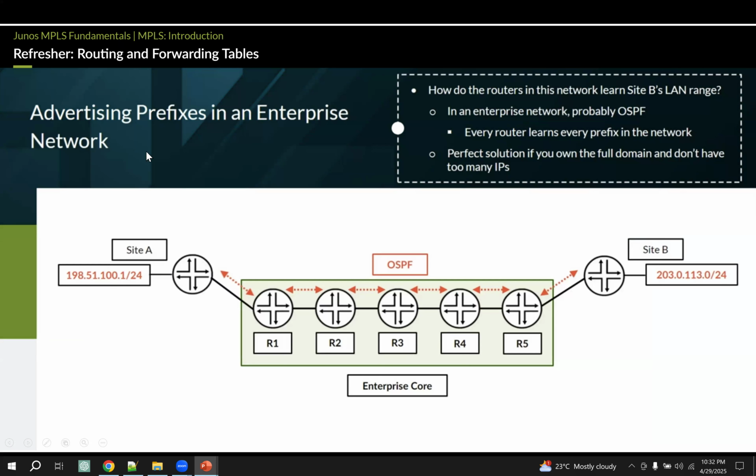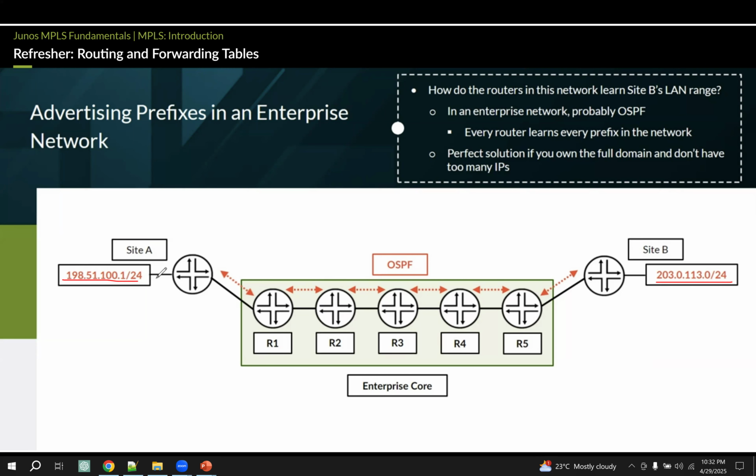Advertising prefixes in an enterprise network. How do you advertise your prefixes? See here, this is site A and this is site B. This is the source prefix, and you can say this is the destination prefix. Consider that the OSPF routing protocol is running here.